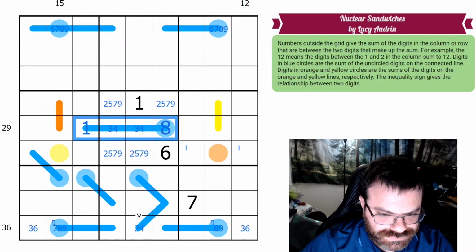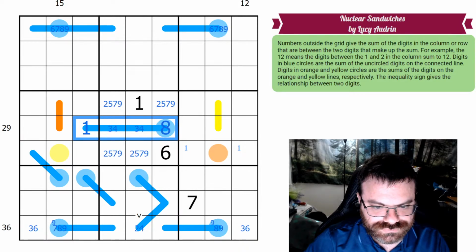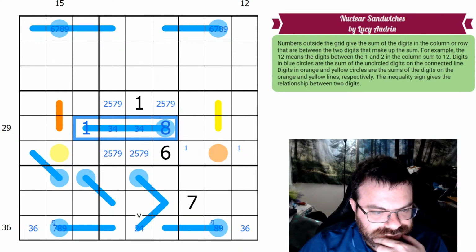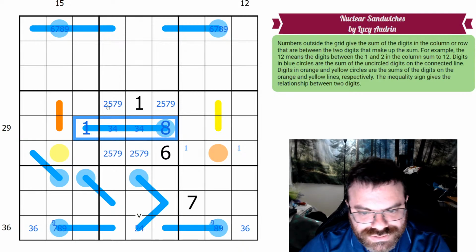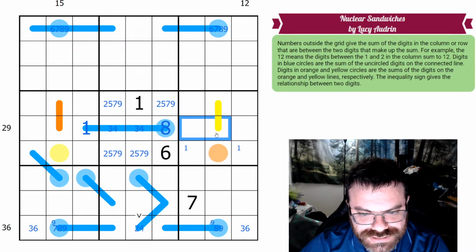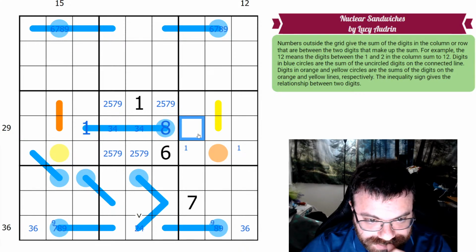I think it has to be 6, 7. So I've got a 6, 7 inside the sandwich, a 5 outside the sandwich, and then 2, 9 is the sandwich.